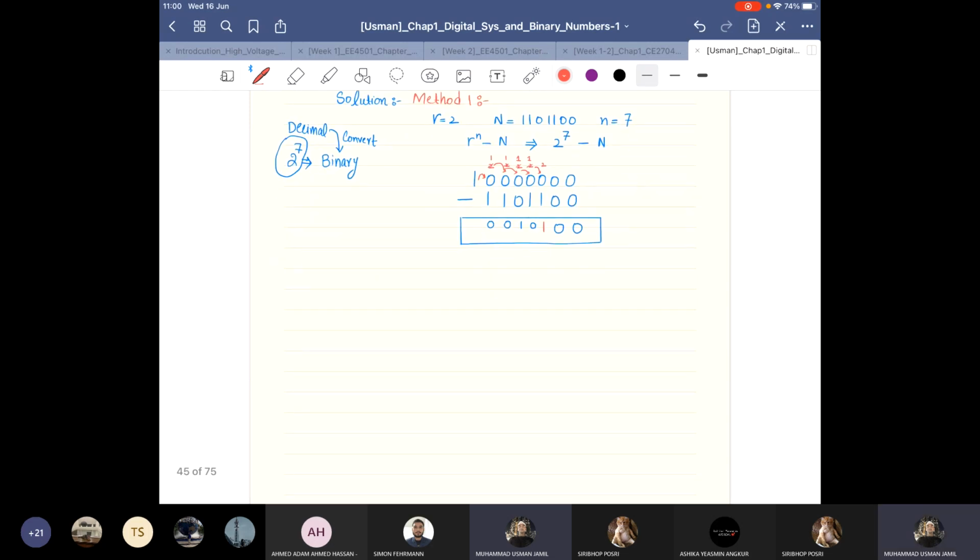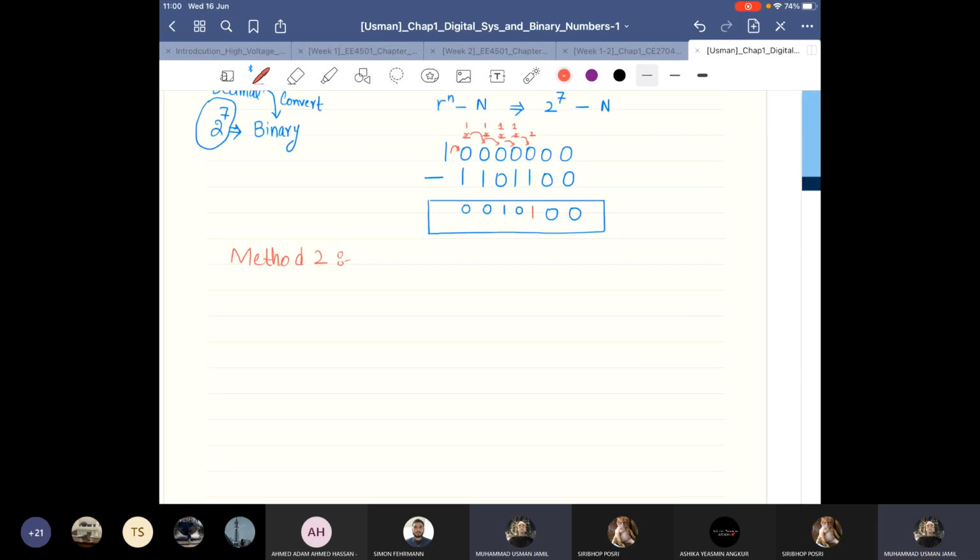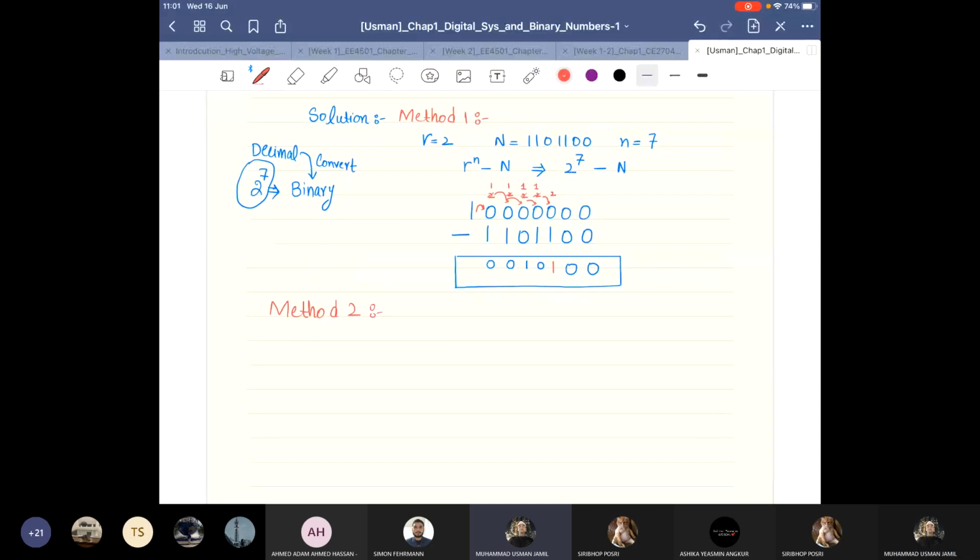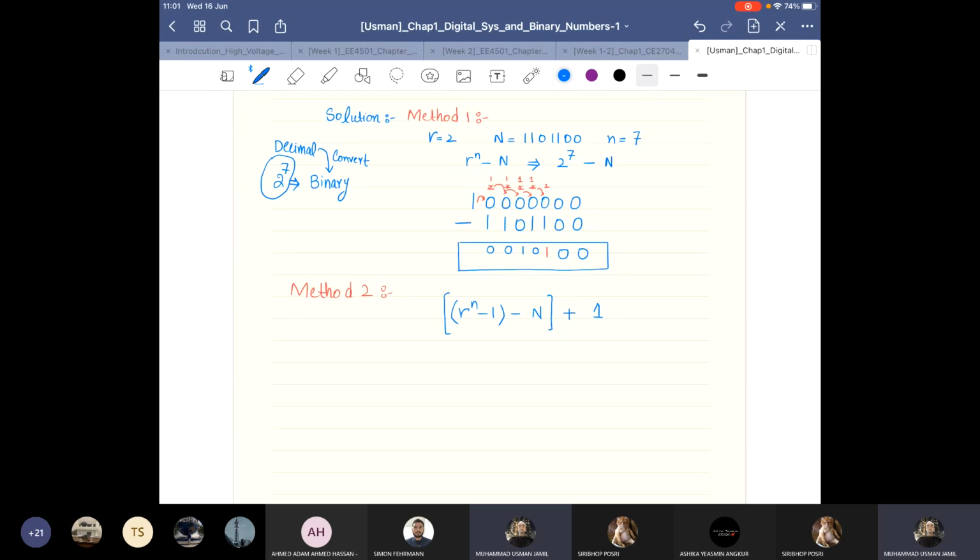Now let me show you method 2. Method 2 is, we can do r to the power n minus 1 minus n, then plus 1. I already told you, this overall means that this is 1's complement.